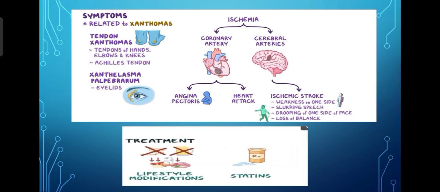Another form is called xanthelasma palpebrarum, that is the formation of yellow patches, a deposition of cholesterol that looks like yellow patches in the eyelids. It also leads to disease of the coronary arteries, cerebral arteries, heart attack and stroke.